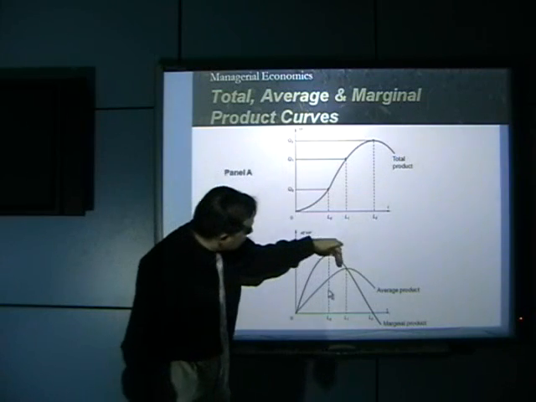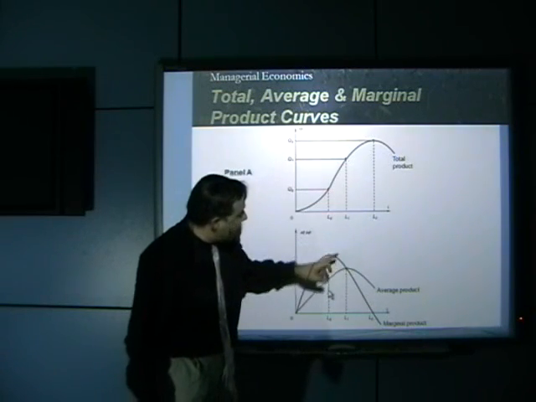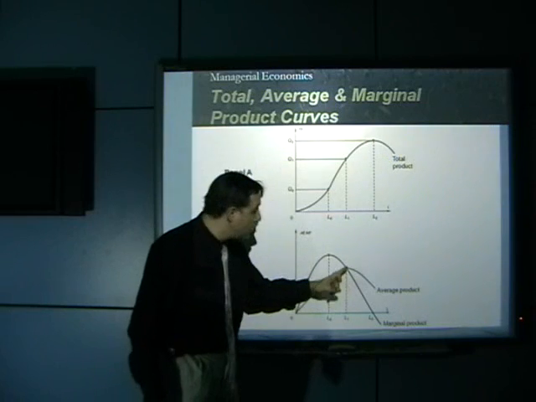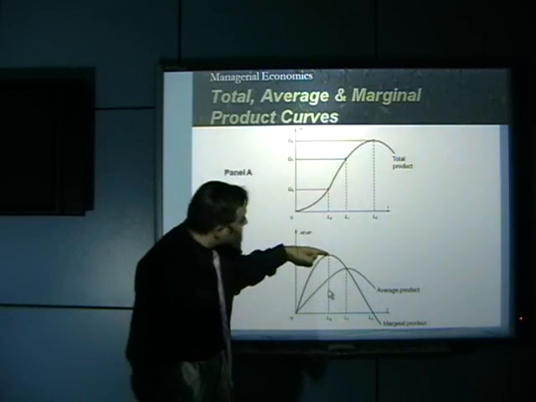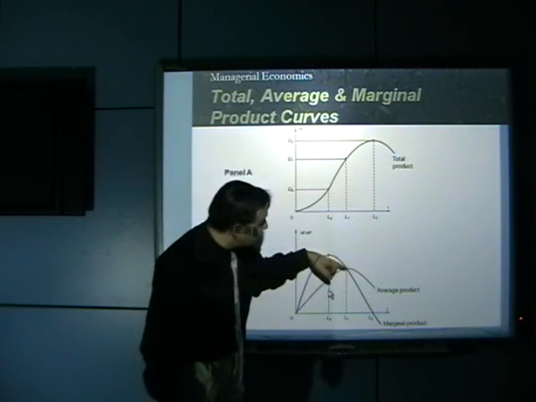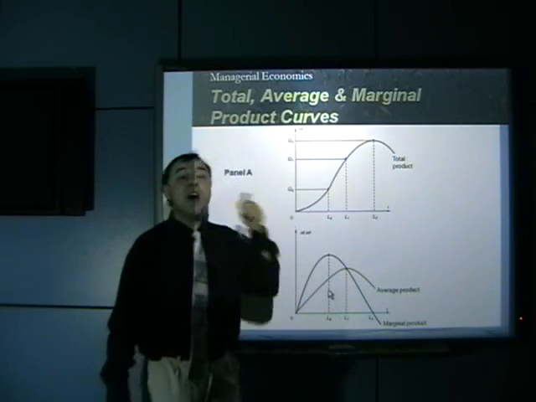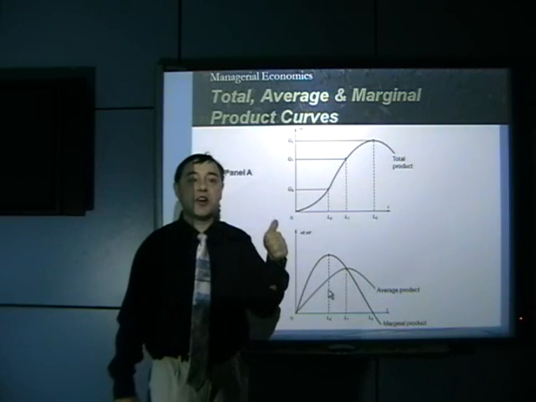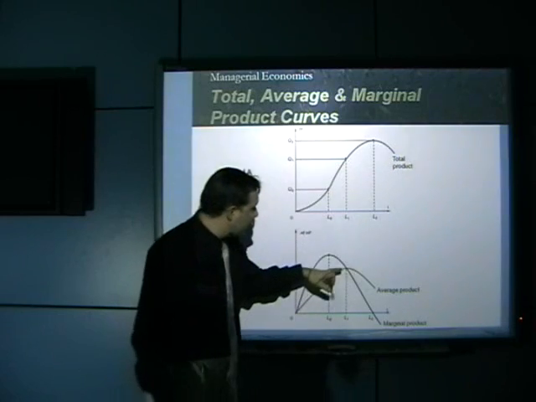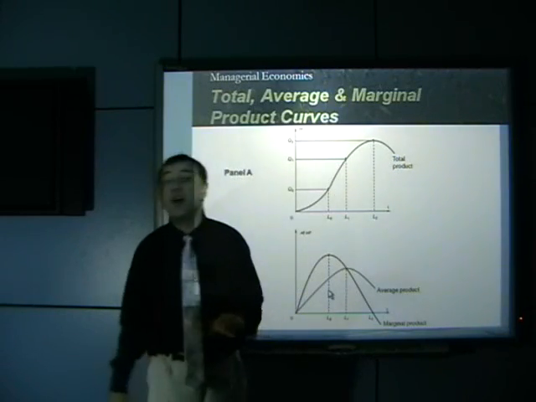So if it stays above, it's moving higher, if it stays below, it's moving lower. So the point where the marginal crosses the average must necessarily always be at the maximum point.